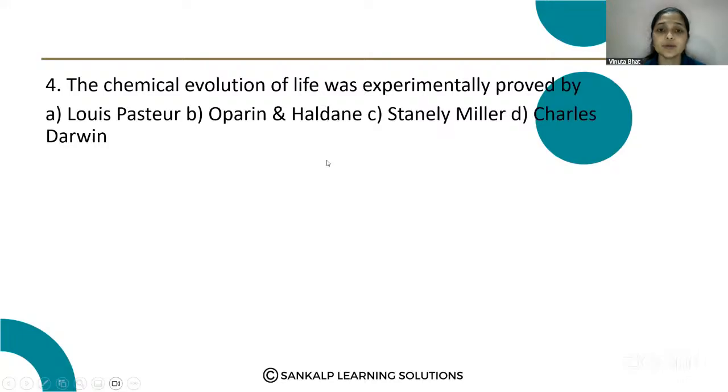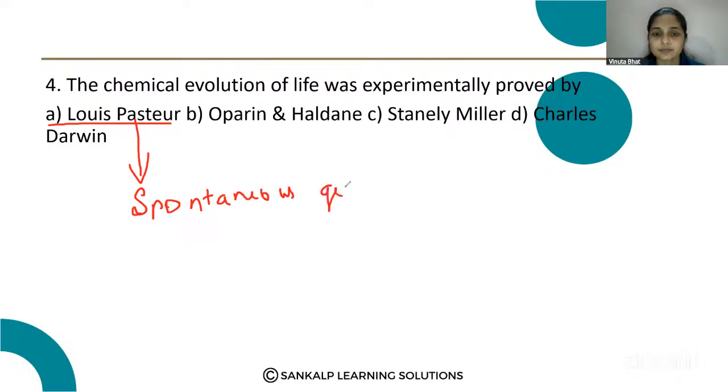The chemical evolution of life was experimentally proved by Louis Pasteur, Oparin and Haldane, Stanley Miller, or Charles Darwin. Louis Pasteur disapproved the theory of spontaneous generation with his swan neck experiment.